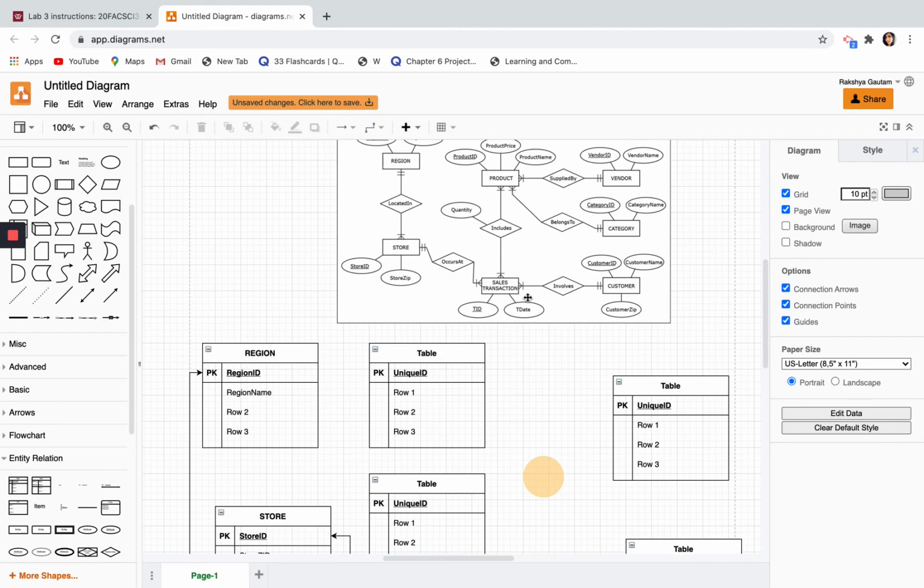As in the figure, we can see the sales transaction is also connected with includes and product. It has a many-to-many relation.